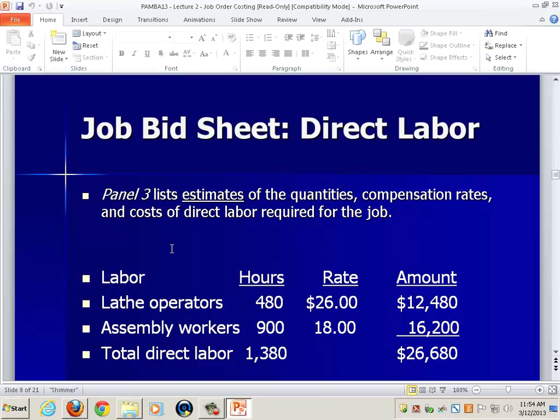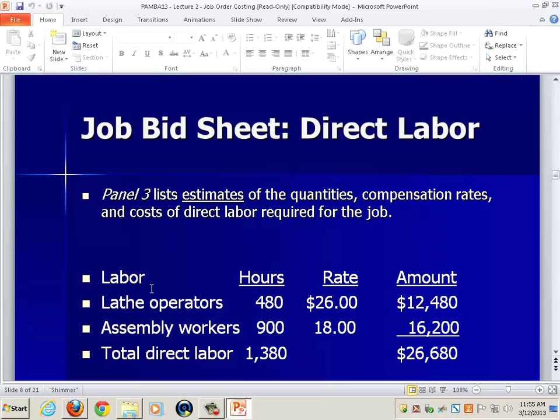When you total them, you get total direct hours. You get the compensation rates for each category of labor. You multiply the rate by the hours and you get the total compensation and the total direct labor cost in dollars. So that takes care of the direct inputs. You estimated the costs.